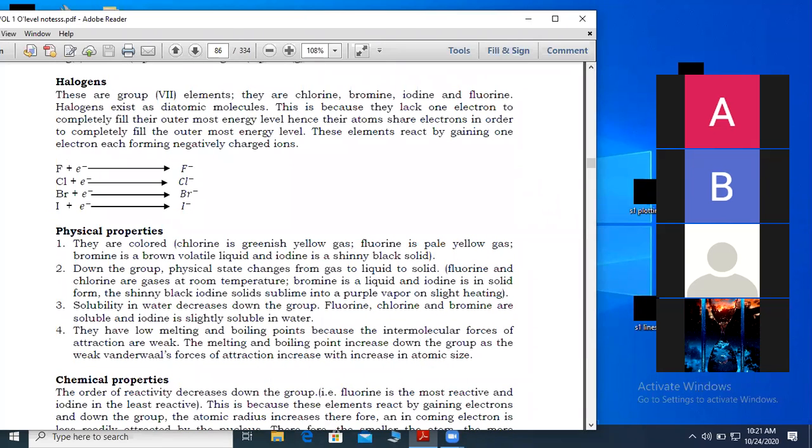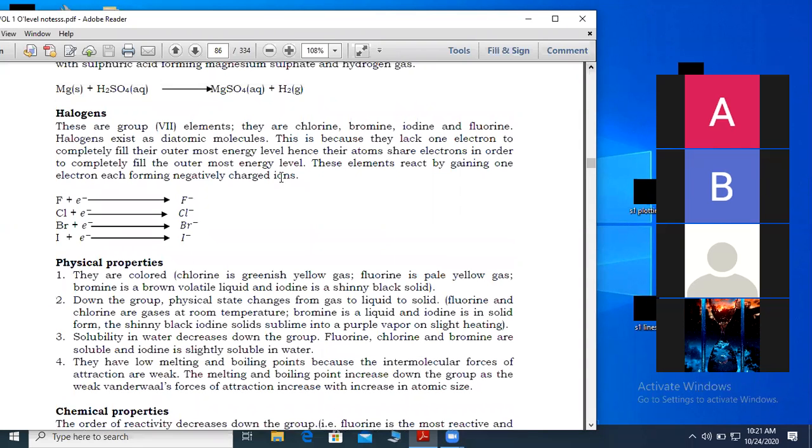What do you observe when steam is passed over heated magnesium? It burns with a bright white flame, forming a white solid. It catches fire and burns with a bright white flame, forming a white solid. So that is it for the corrections.